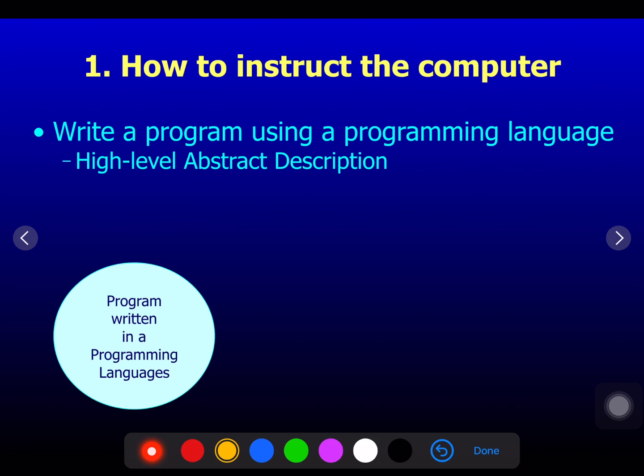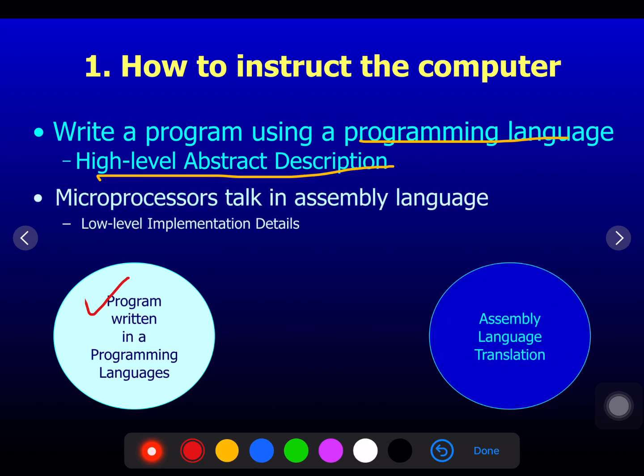You write a program using a programming language, which is a high-level abstract description. So you have written a high-level program. Then how do you talk to the low-level side? The microprocessor talks in assembly language, which contains low-level implementation details.